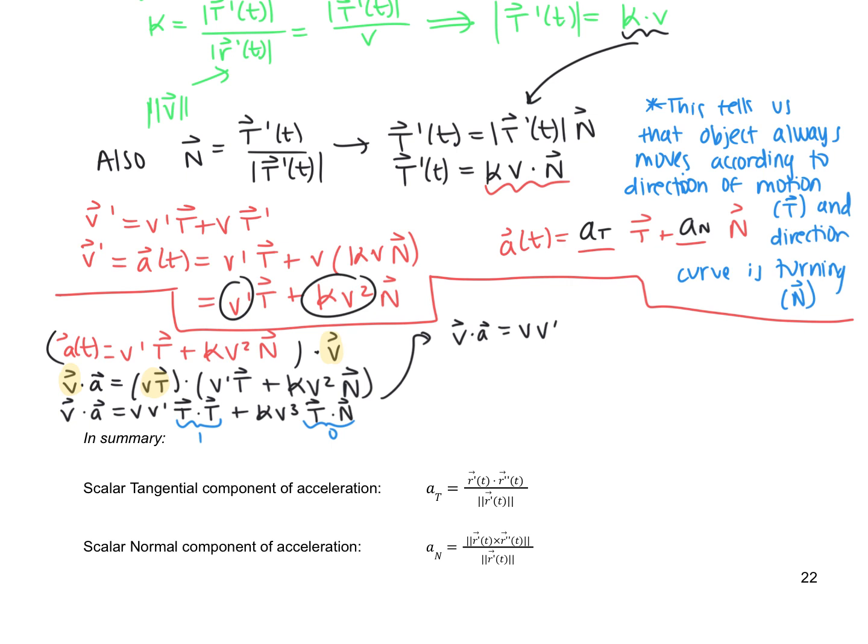Now, from above, we see that v prime is equal to a of T. So a of T then, which is equal to v prime, is equal to v dot a over v, I'm using this, v dot a is r prime of t dotted with r double prime of t over the magnitude of r prime of t.